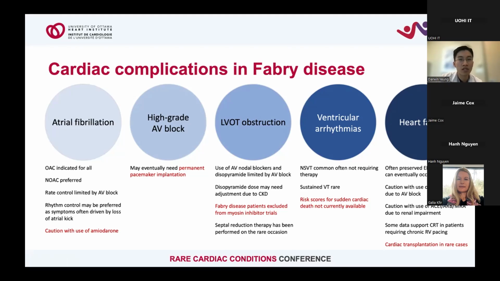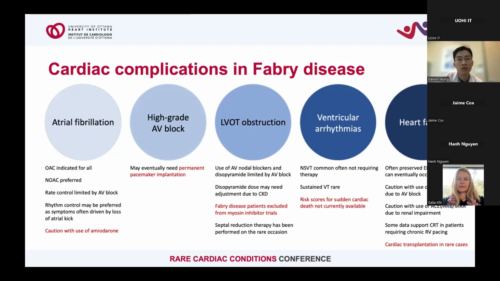Management of atrial fibrillation is very similar to patients without Fabry disease, with some important considerations. Oral anticoagulation with novel oral anticoagulants is still preferred. Rate control can be potentially limited by AV block in patients without pacemakers. Rhythm control could be a preferred option if symptoms are related to the loss of atrial contraction.